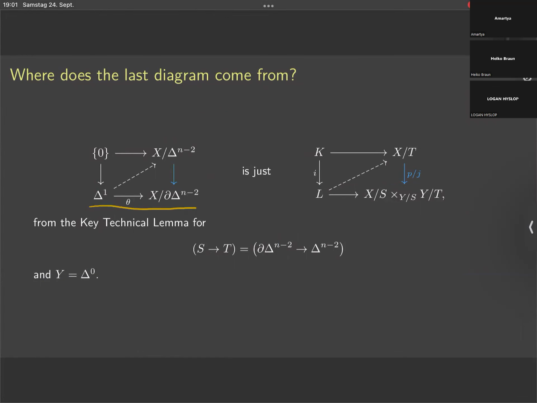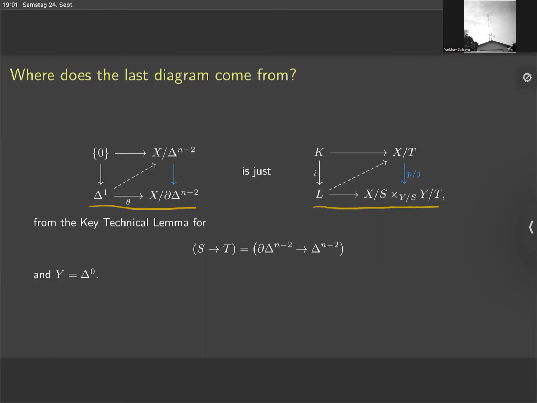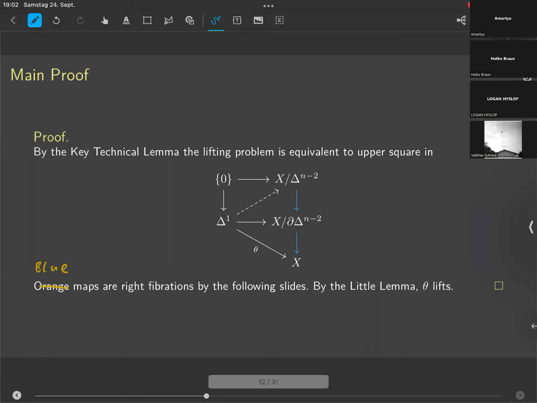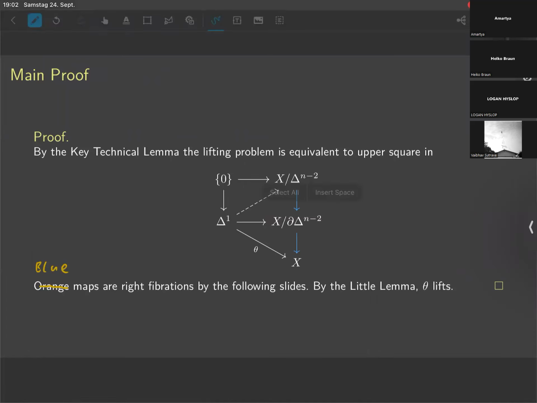And it is just an instance of the diagram from the key technical lemma for the situation that S to T is this map, the inclusion of the boundary of delta n minus 2 into delta n minus 2, and Y being the terminal simplicial set, so delta 0. Okay. And the bottom part is similar.